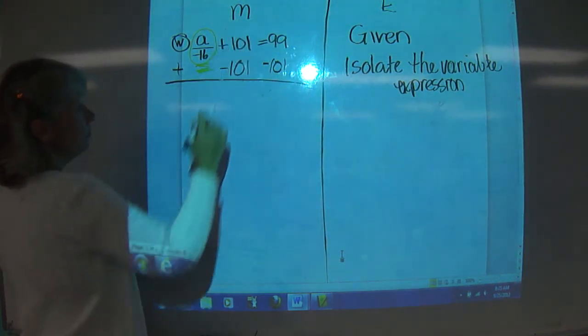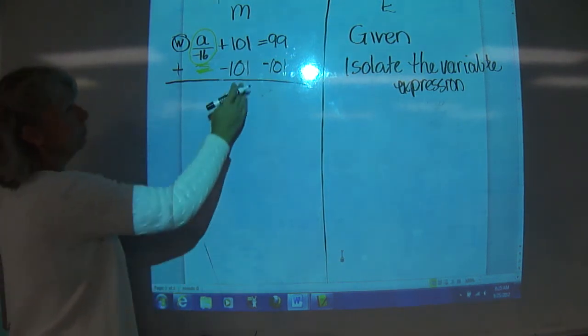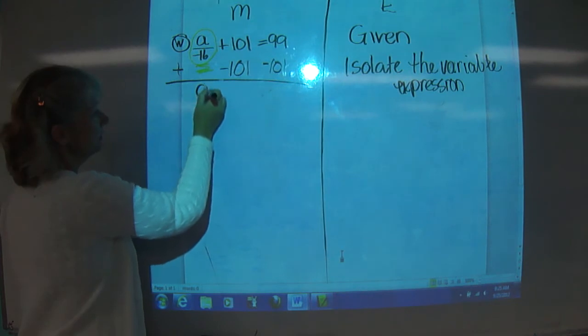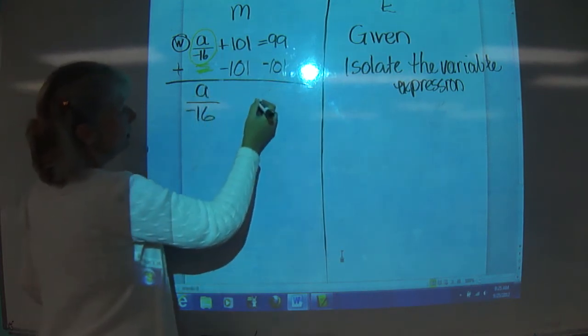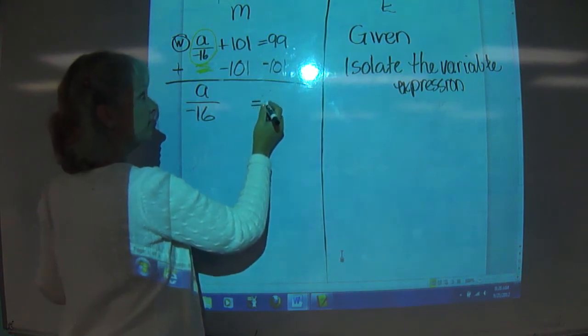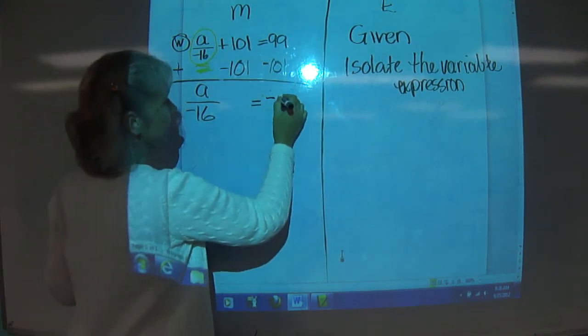So this one goes away. And it's easier just to leave it blank than put a 0 down here, so that's what we do. So we still have A over negative 16. And what do we have on this side? Negative 2, thank you.